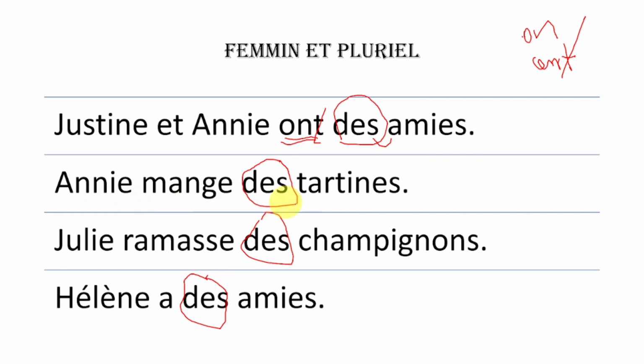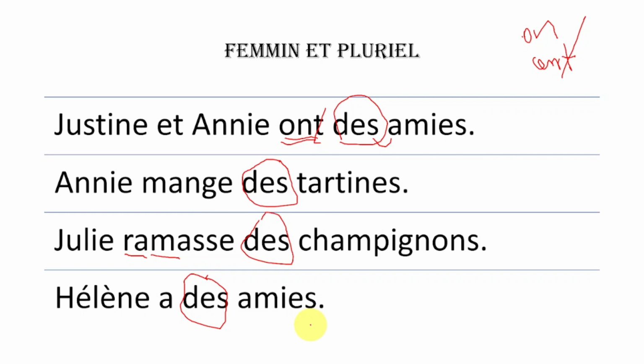Annie mange des tartines. Julie ramasse des champignons. Hélène a des amis. It's okay if your pronunciation is not like French. Because when you pass the age of 18, you're not going to speak the way the French or the English speak.